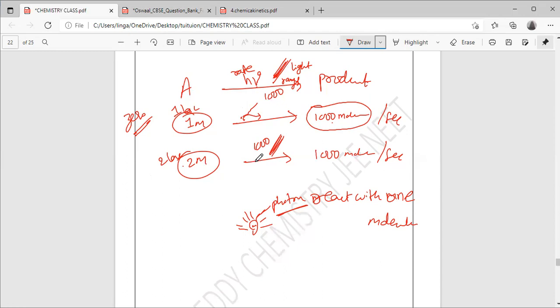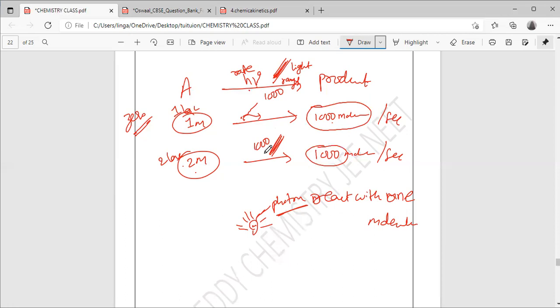Only 1000. Only 1000 product per second. So here the quantity of the reactant is not affecting the rate. The rate depends on the light.